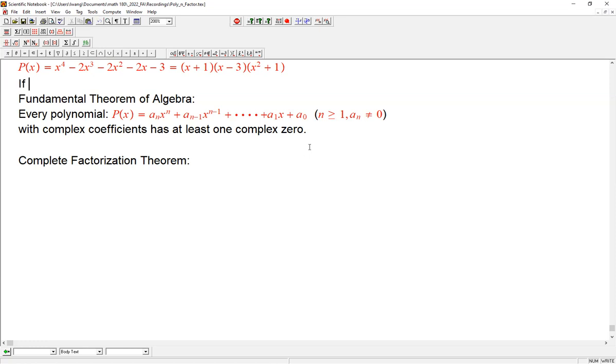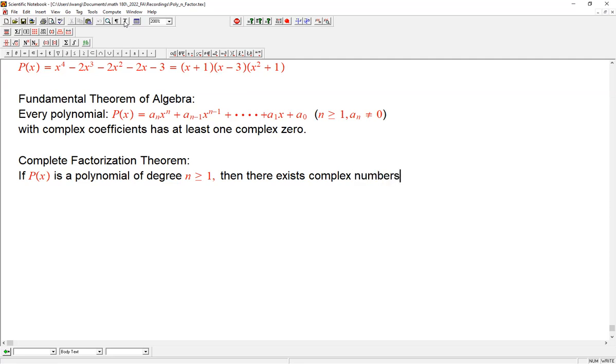If p of x is a polynomial of degree n greater than or equal to 1, the degree is at least 1, then there exist complex numbers.